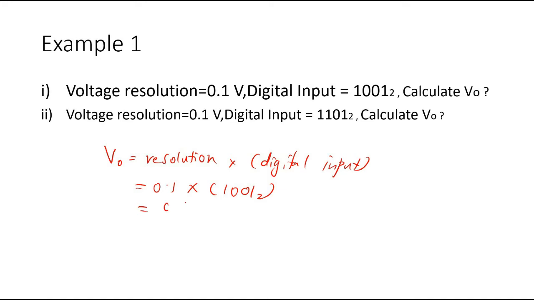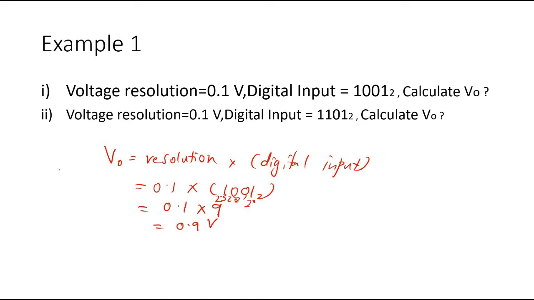If we convert it, 2 power of 0, 2 power of 1, 2 power of 2, 2 power of 3, we get 1001 in decimal is 9. So we get 0.9 volts.